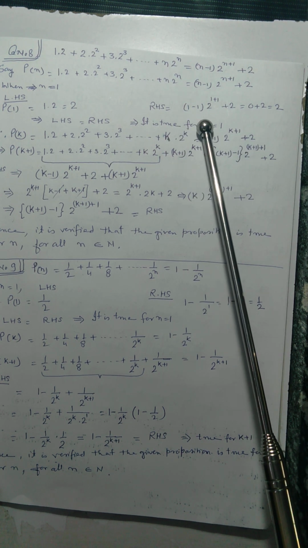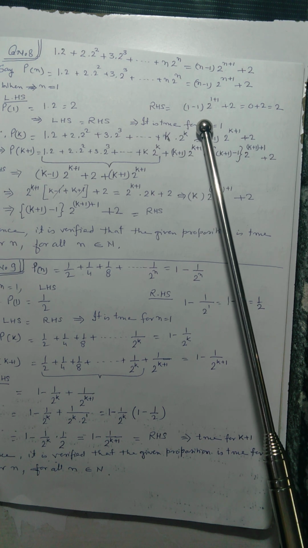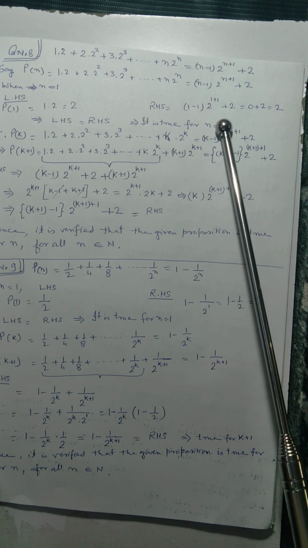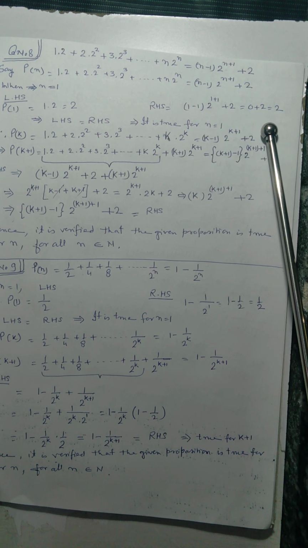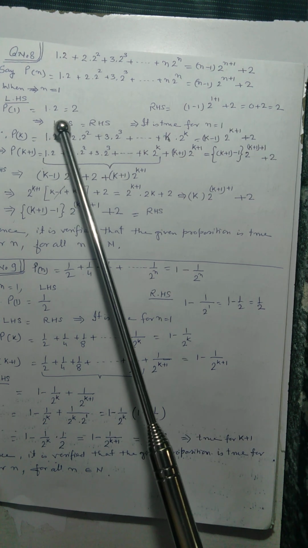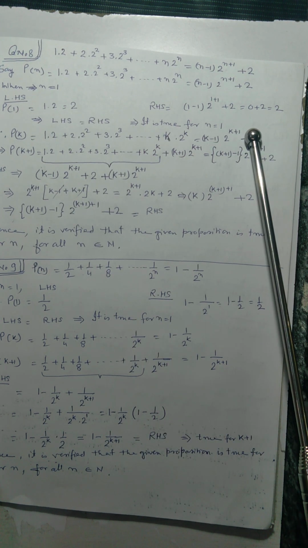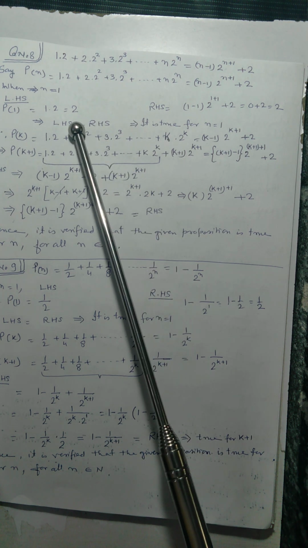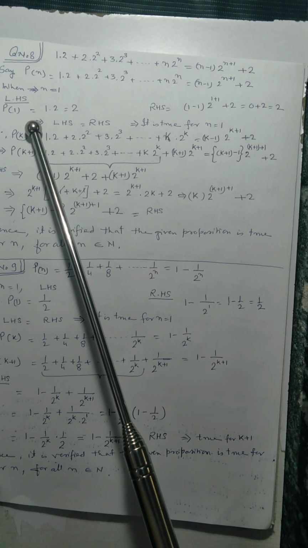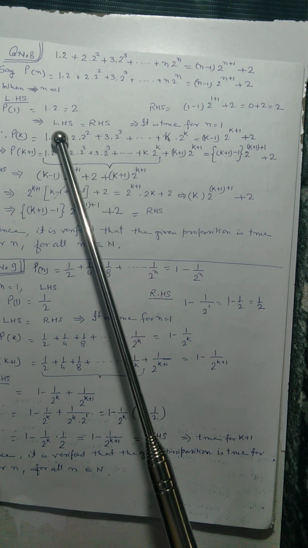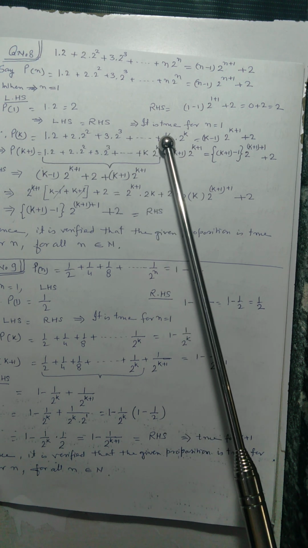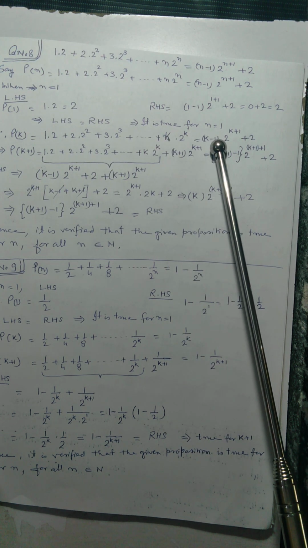So (1 minus 1) 2 raised to power (1 plus 1) plus 2 will be equal to 2. So left hand side and right hand side are equal. It means that P1 is true. It is true for n is equal to 1.